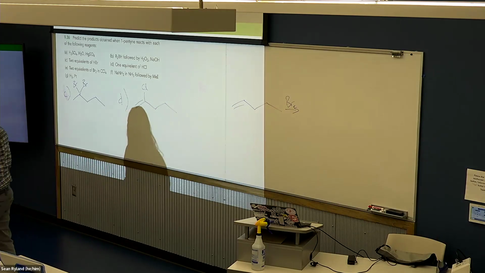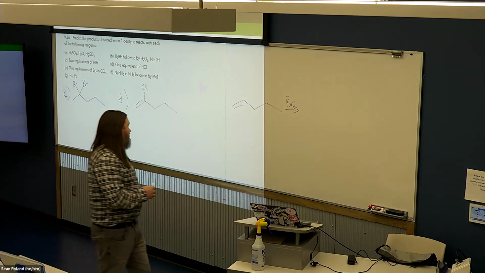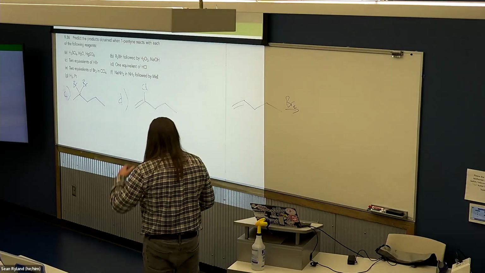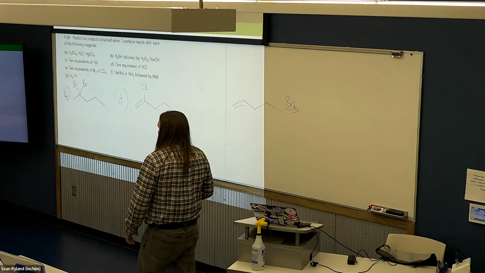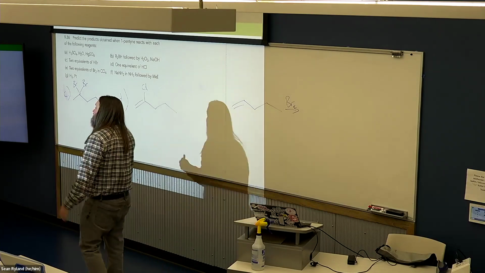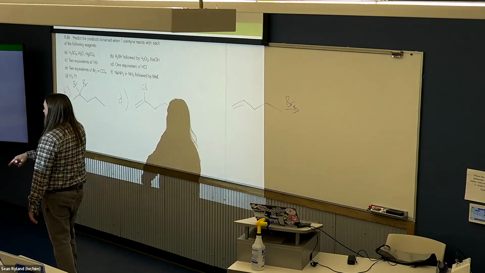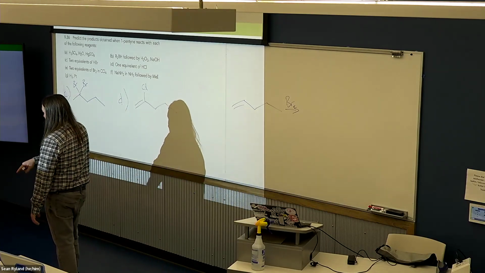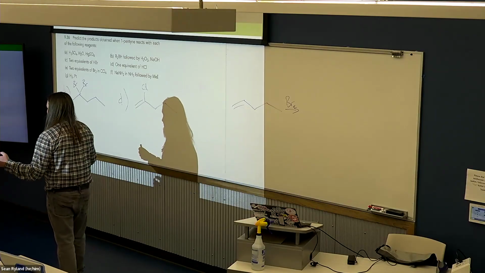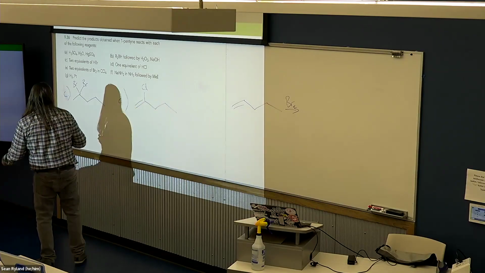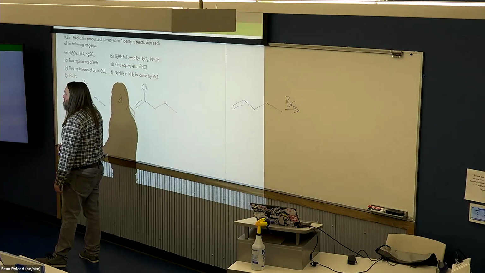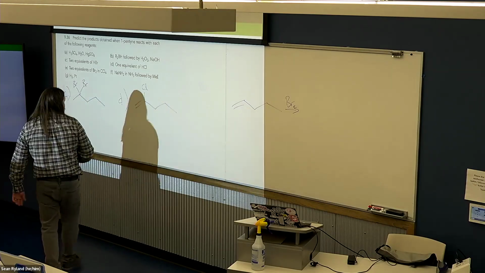So one goes on each side. This is in the neither Markovnikov nor anti-Markovnikov category because you're adding the same thing to both sides. Remember that? So we get two on each side since it's two equivalents. You do it twice.